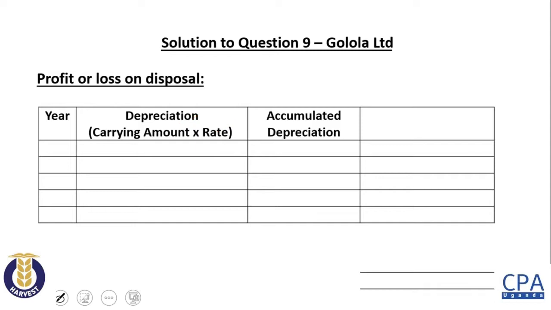Then in this column, I'll put the accumulated depreciation. And finally, I'll show the carrying amount, or what we may call the net book value. The depreciation, the accumulated depreciation, and the carrying amount are all in shillings.